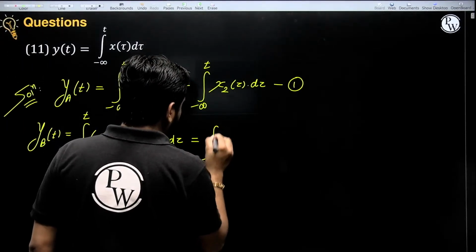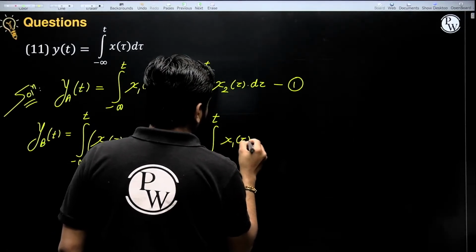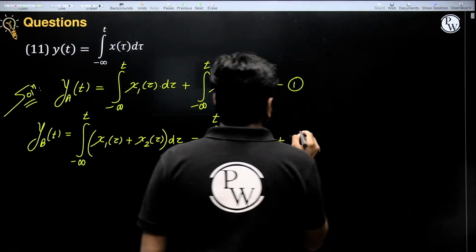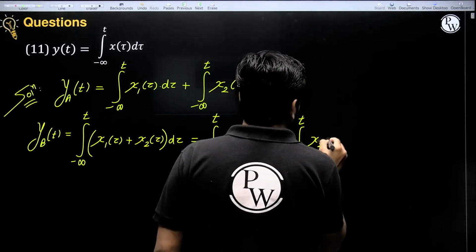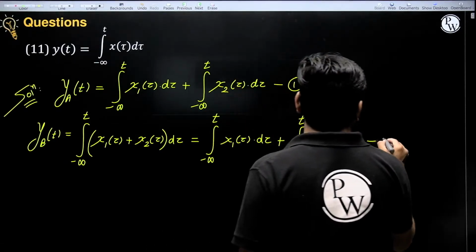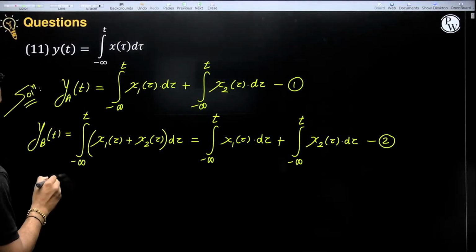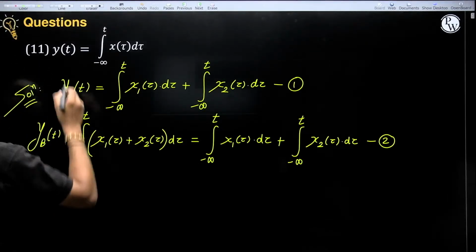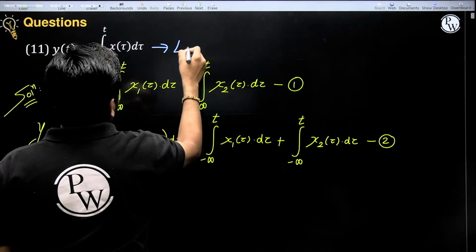Of course, 1 and 2 are the same. 1 is equal to 2. That's why the given system is linear.